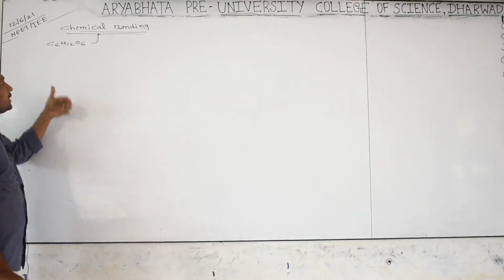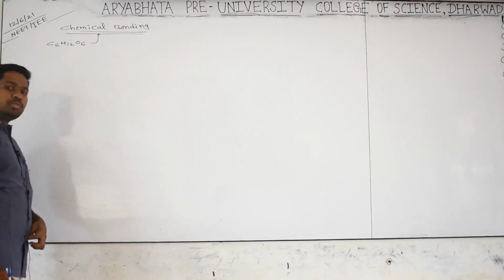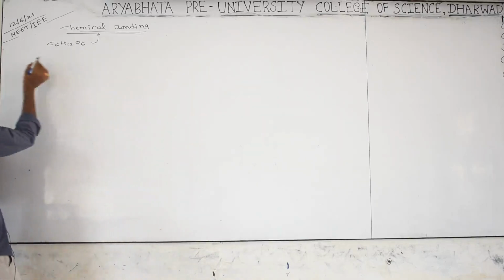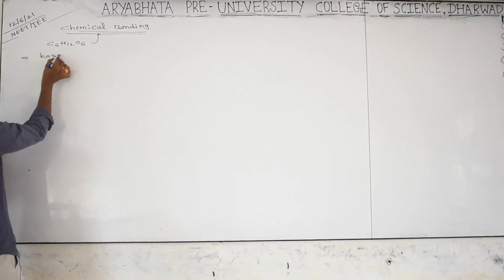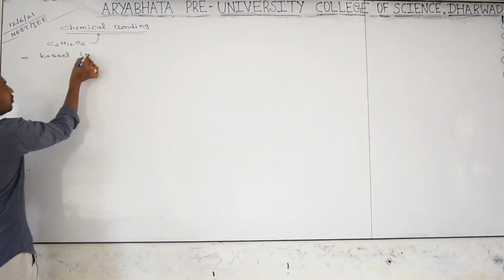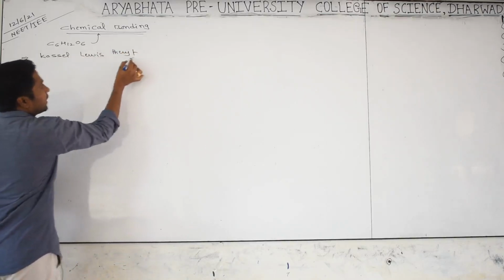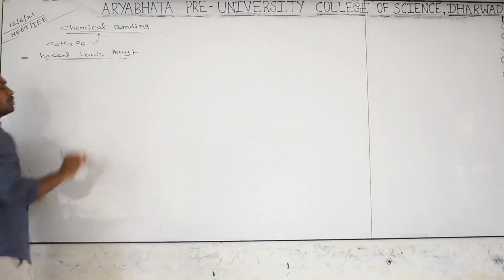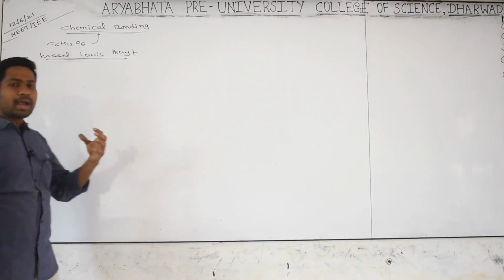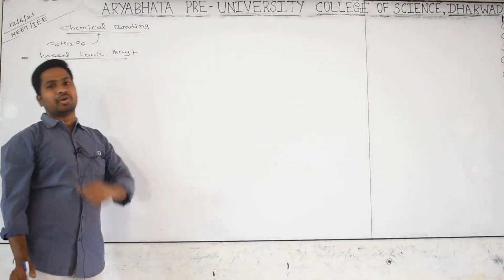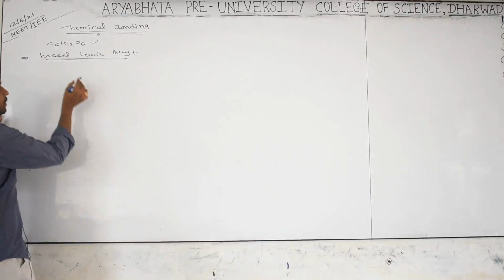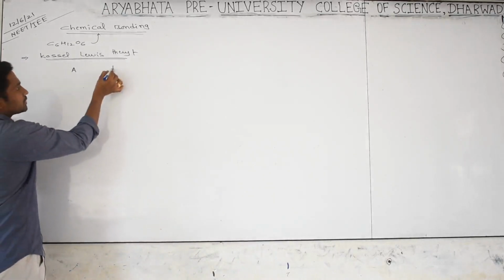To explain chemical bonding, we have so many theories. Under this, I will tell you one thing, see carefully, nothing but the Kossel-Lewis theory. Before going to discuss the Kossel-Lewis theory, we will see how atoms are involved in chemical bonding. For example, I am taking two atoms.